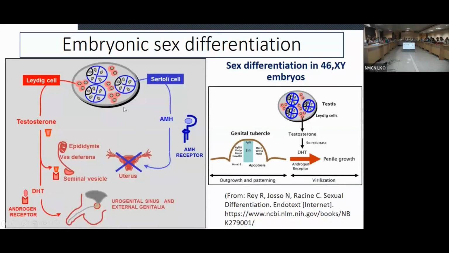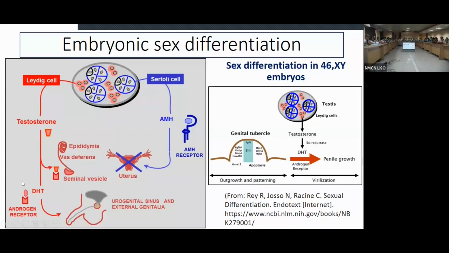So once the testes and the ovary are formed, the fetal gonad starts secreting hormones. So in the testes, you have the Leydig cells and you have the Sertoli cells. The Leydig cells are the ones which actually produce testosterone, and Sertoli cells produce AMH, the anti-Mullerian hormone. Testosterone is required for differentiation of the internal gonads in the males into epididymis, vas deferens, and the seminal vesicles.